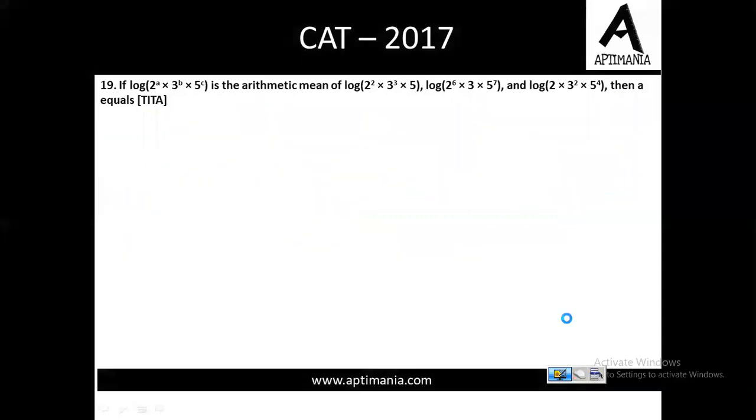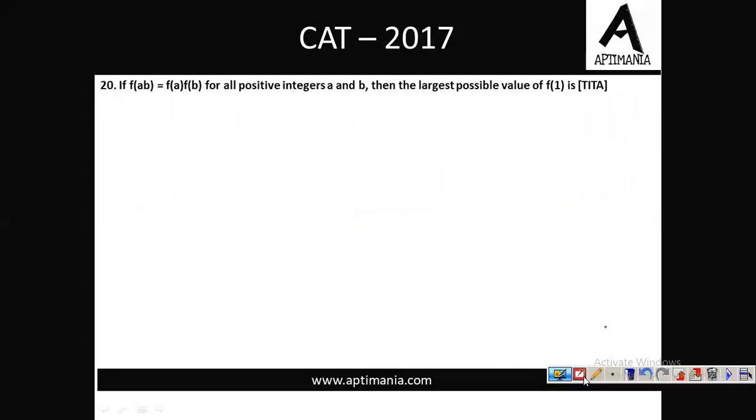Question number 20 is on the screen. Let's try to solve it out. F of AB equal to FA into FB is given to us for all the positive integers A and B. They have asked us to find the largest possible value of F1. So for that, what we need to do is put A equal to B equal to 1.